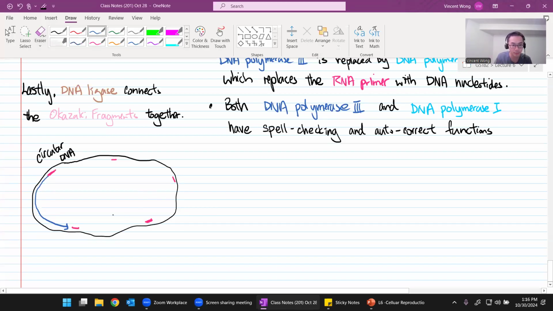Ligase is gonna glue it up. And then here is gonna go, go, go. Number three is gonna fall off, tell number one to come over, and so on and so forth. And it's wonderful for the DNA to be circular because you just kind of loop back to your starting point and basically complete the whole circle.